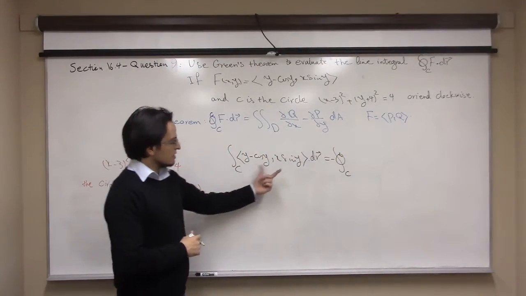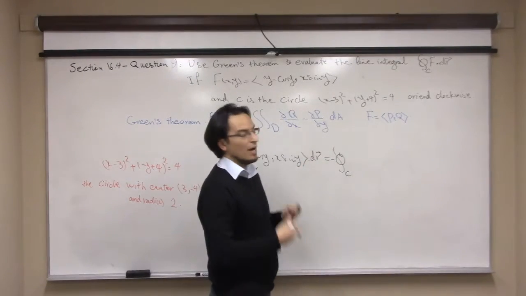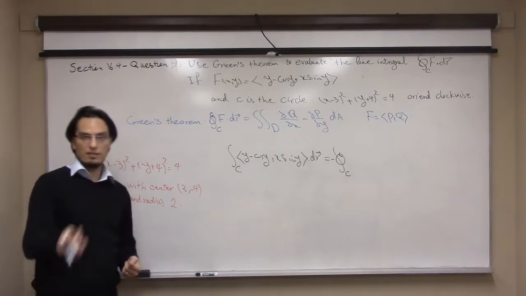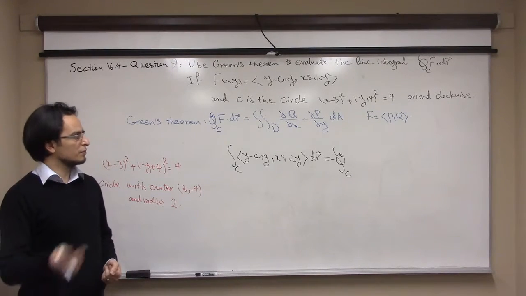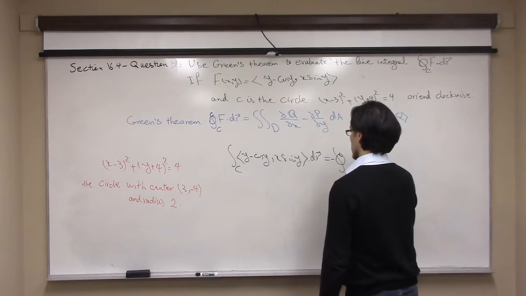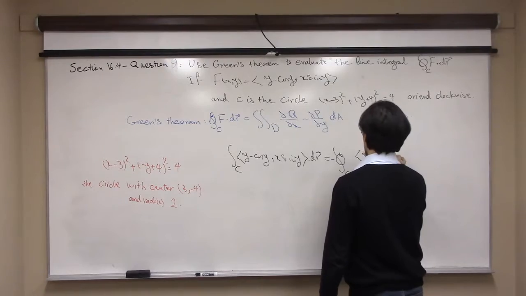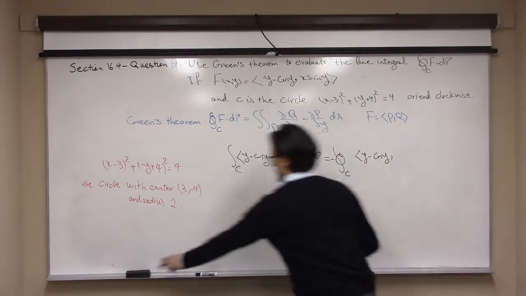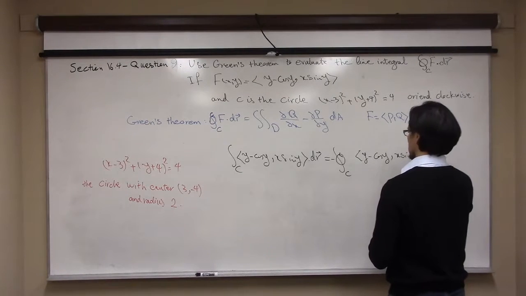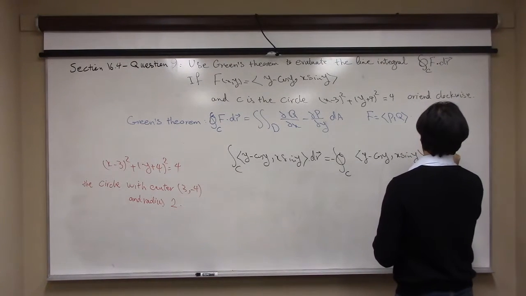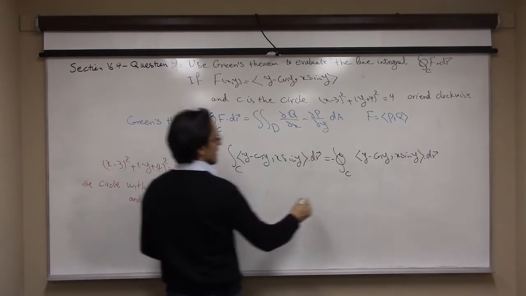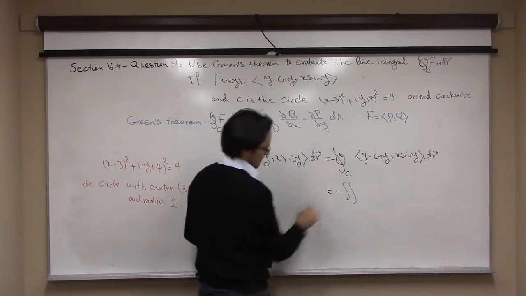So this is equal to the negative of the same integral, where now the circle is oriented in the right way, counterclockwise, and the vector field is the same thing. Now we are at the left hand side of Green's theorem. I have to bring that minus down.